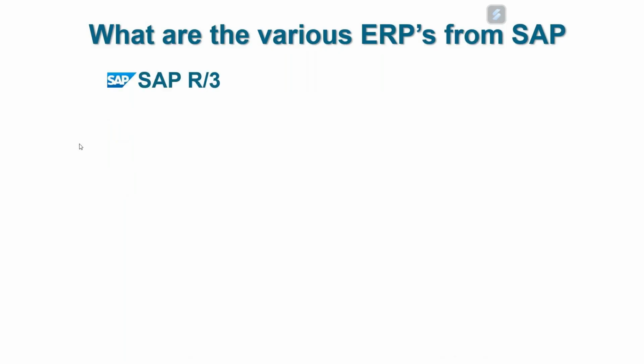So what are the various ERPs from SAP? So in the world of ERP, when you look around, if you are in India, you would have heard about Tally, you would have heard about Marg, you would have heard about Zoho. All these are ERP applications, okay, of a very small nature, not very heavy on the organization, easy on the organization's pocket, okay, but also not allowing the organization to manage a lot of stuff.